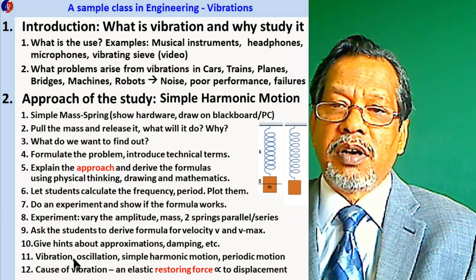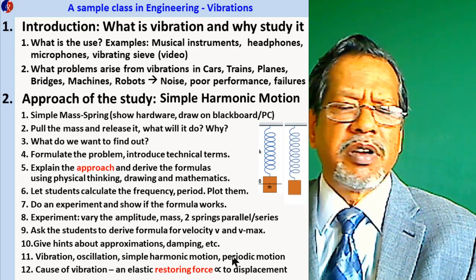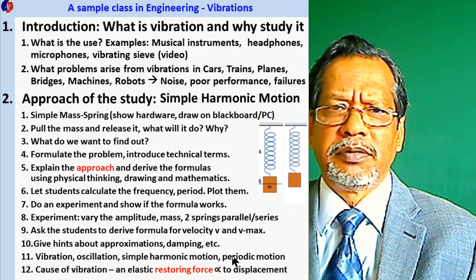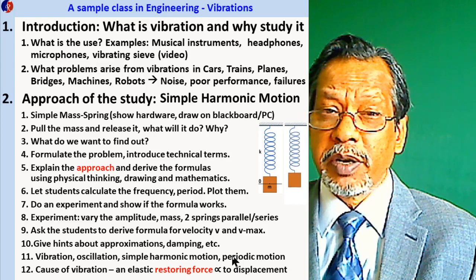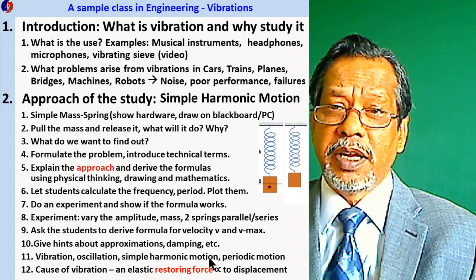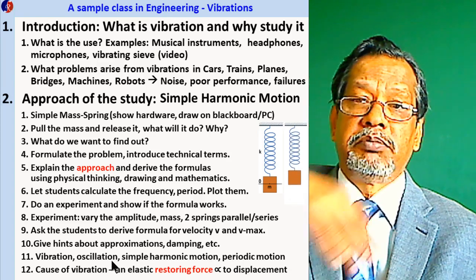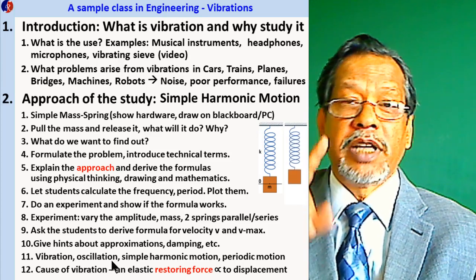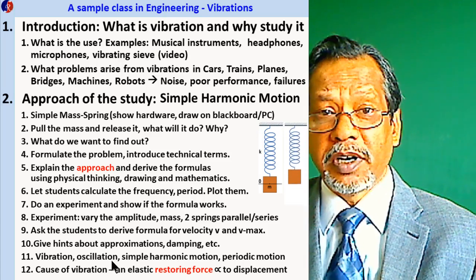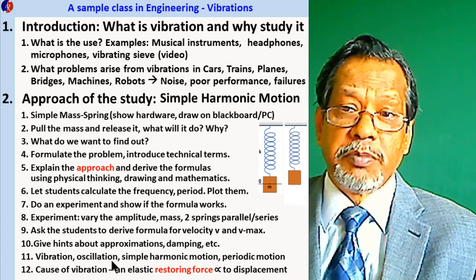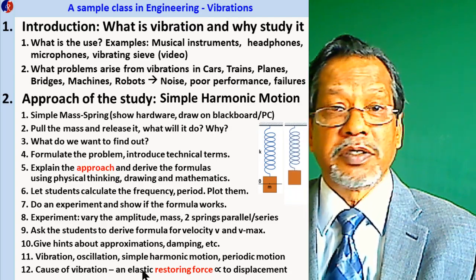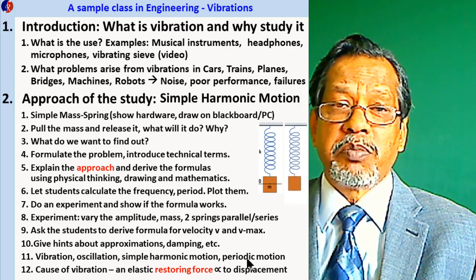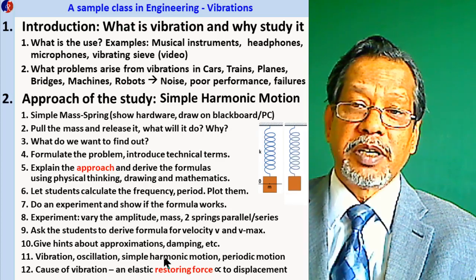Okay, vibration, oscillation, simple harmonic motion, periodic motion, so many terms. Are there differences? There may be minor differences. They should know. Oscillation, for example, some pendulum oscillates, but that's not vibration, is it? It's not. That's simple harmonic motion. That's true, but it's not vibration. Periodic motion doesn't have to be simple harmonic motion.